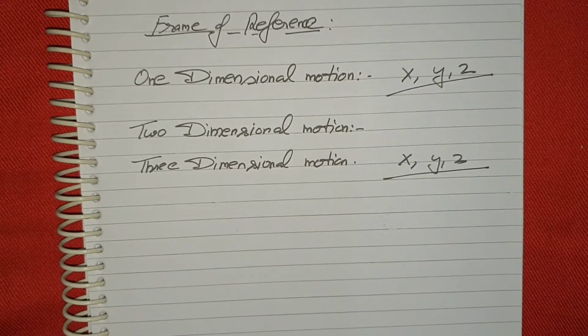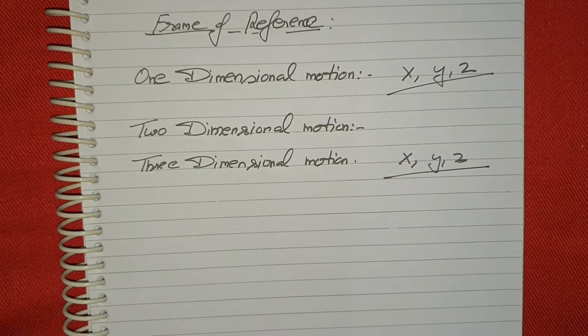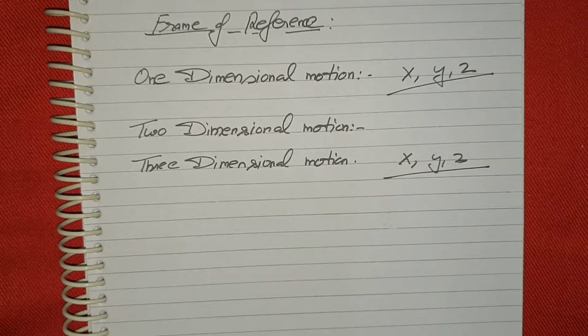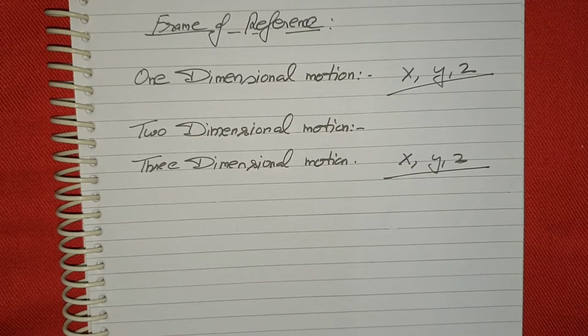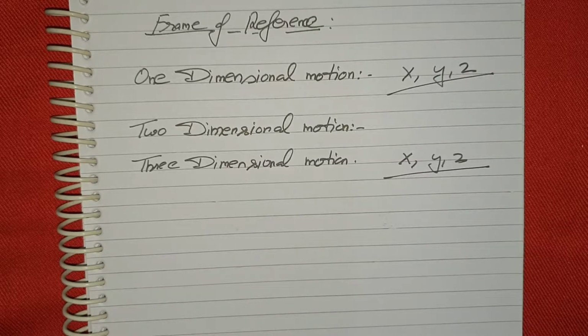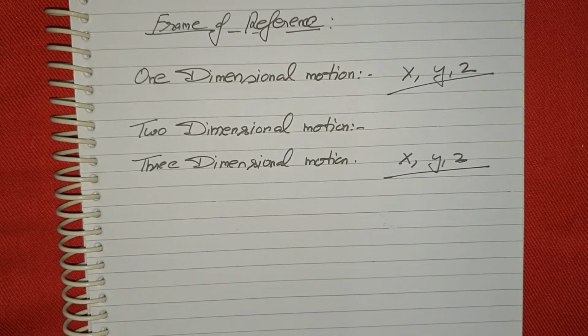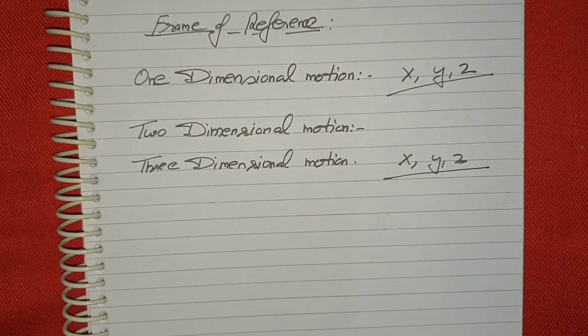Such a motion is, for example, when an object moves in space, like a kite flying, flying of an aeroplane, the random motion of a gas molecule, a bird flying. So, when all three coordinates are required for its change, that is known as three-dimensional motion.